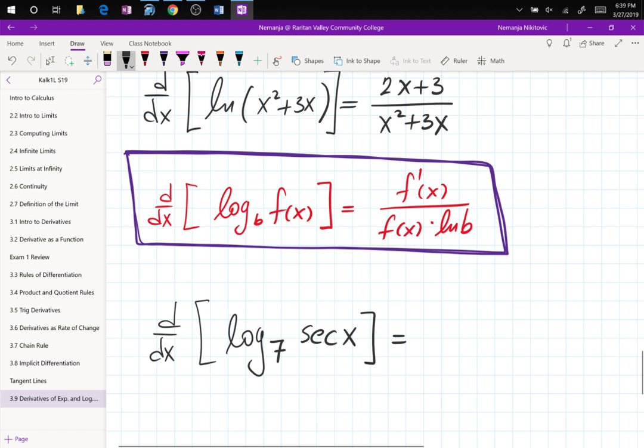All right. Control C, Control V on the argument, meaning copy secant x in the denominator, immediately multiply by ln of the base, which is ln 7. The derivative of secant is secant tangent, which goes in the numerator, and then these secants cancel, and you're done.